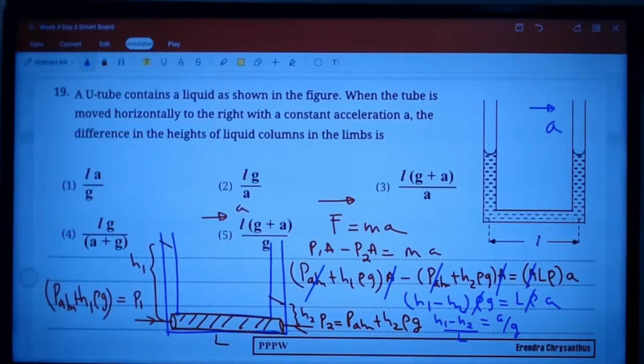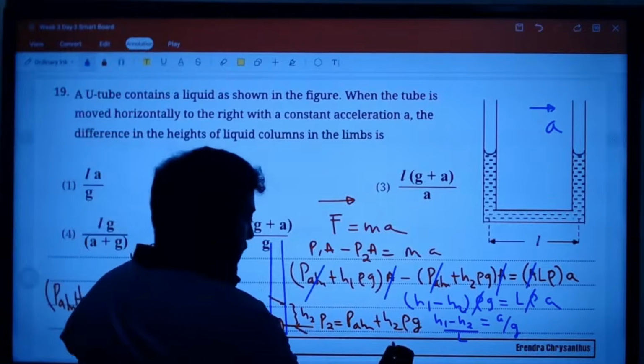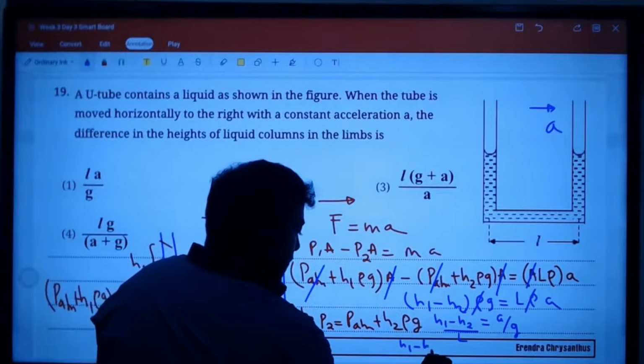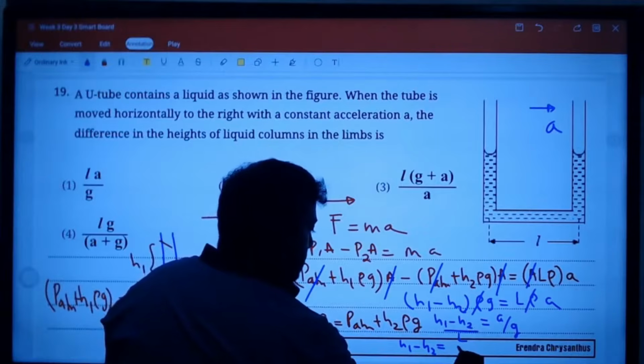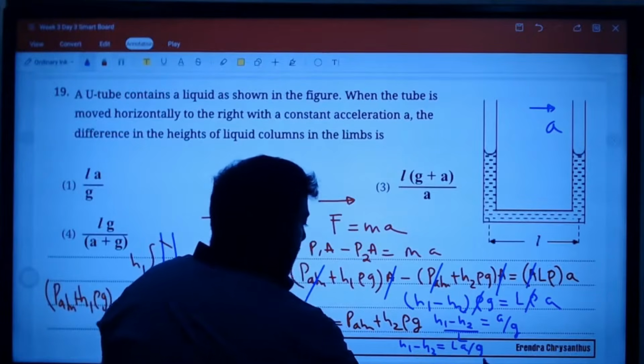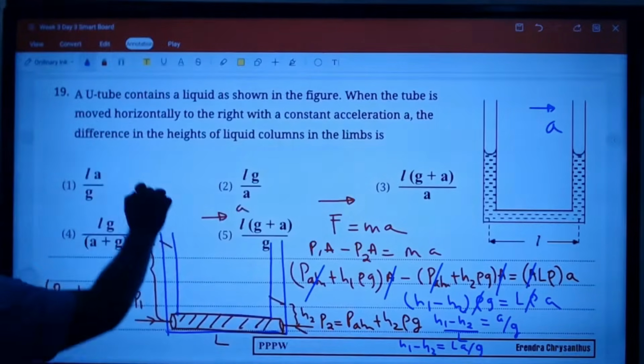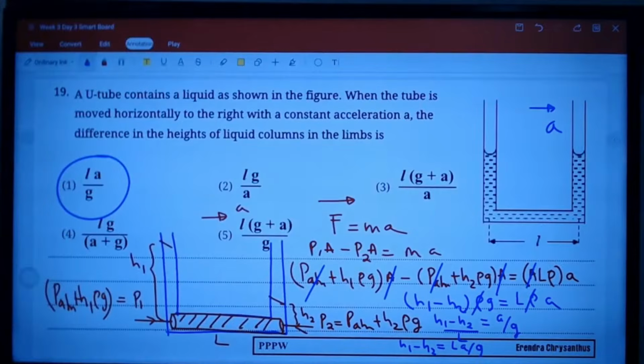They are asking for the difference in the level. So h1 minus h2 is L a divided by g. L a divided by g is answer number 1.